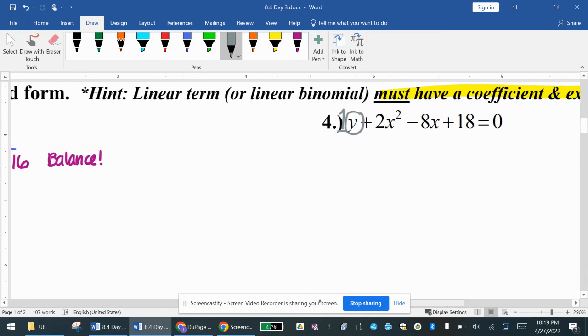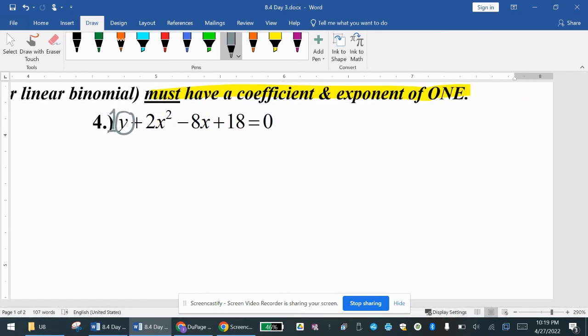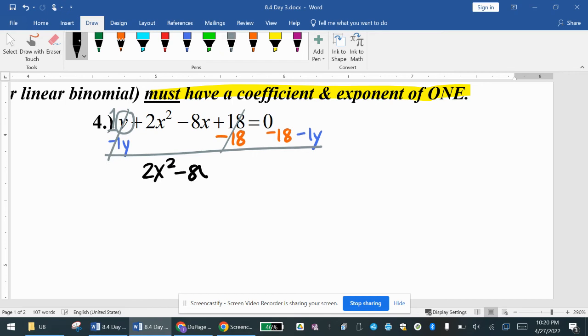Let me just show you. You can move the constant term over, and you can move the linear term for y, and you get 2x squared minus 8x.